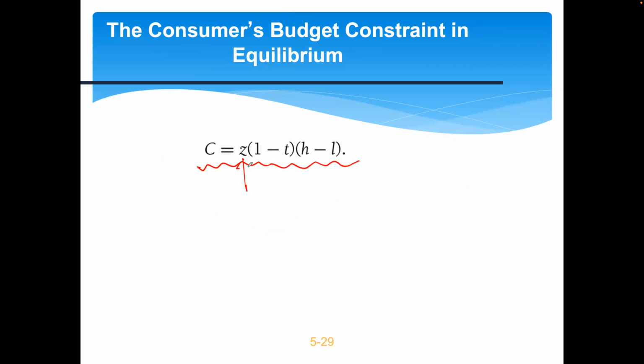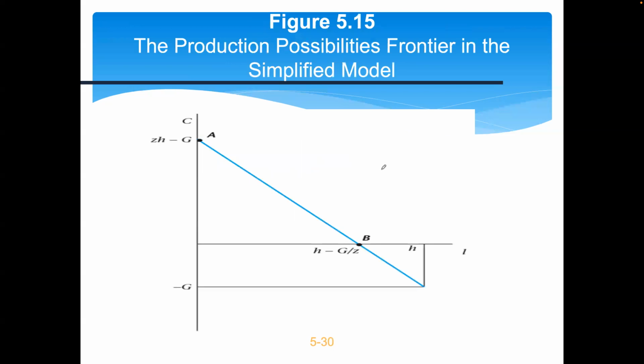Essentially, this is W times N plus pi, but pi equals 0. Now we are ready to look at the competitive equilibrium. We use a diagram. So this is the consumer's budget.